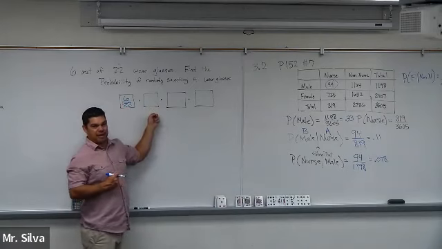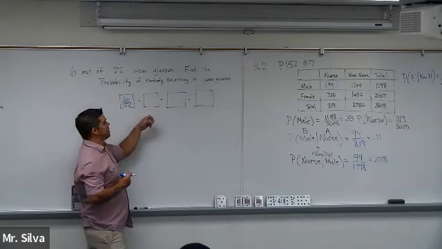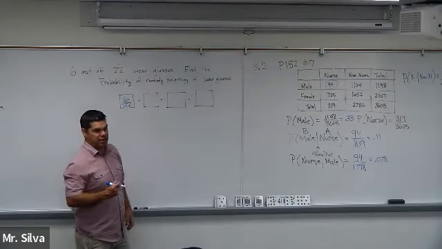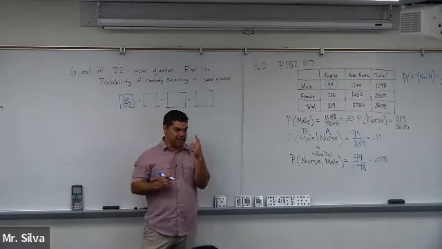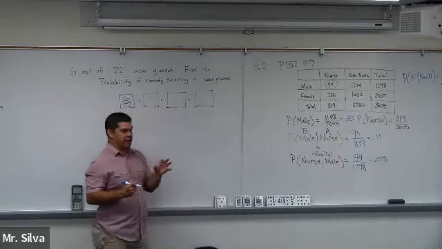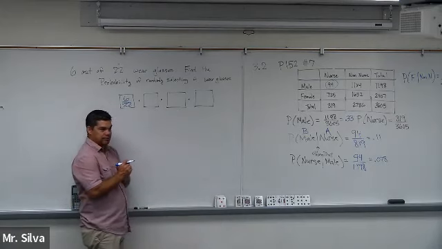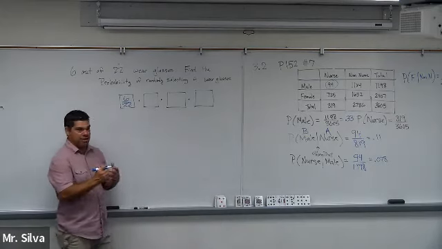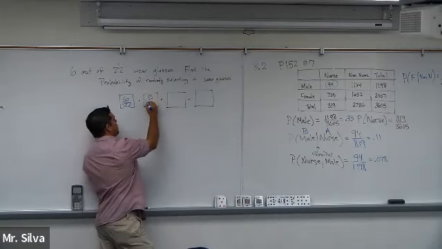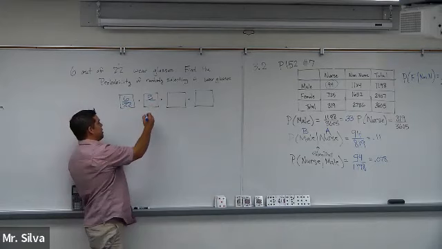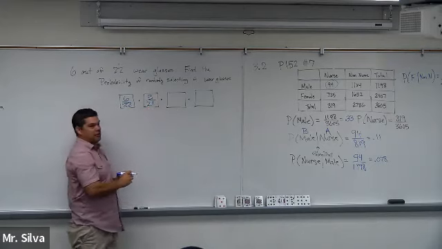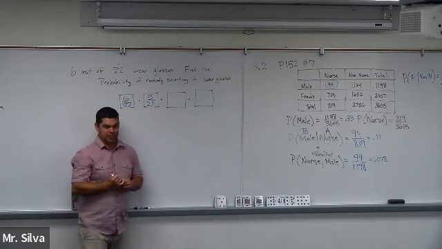This is a dependent event. Use the multiplication rule for dependent events because I already chose one person that wears glasses. How many people left wear glasses? Okay, it changed. There's 5. And how many people are left in the room? 21. Thank you. So I had to subtract 1 from that.